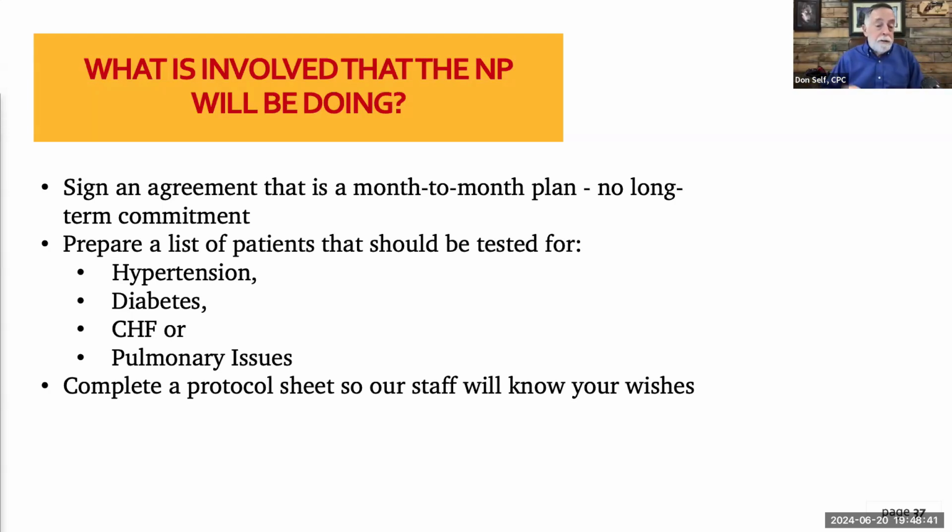And then we ask you to complete a protocol sheet. Our staff is going to give you a list and say, okay, for your diabetic patients, when do you want to be notified if the blood glucose is below this or over that? Like one of our doctors in Arkansas, he likes to be notified if it's more than 250 three times in a row, or if it's over 400 even one time, he likes to be immediately notified.